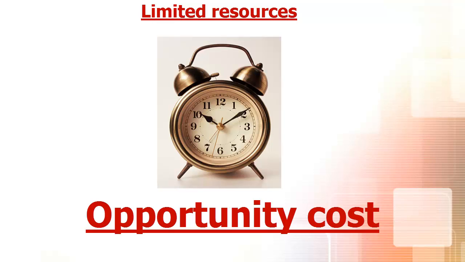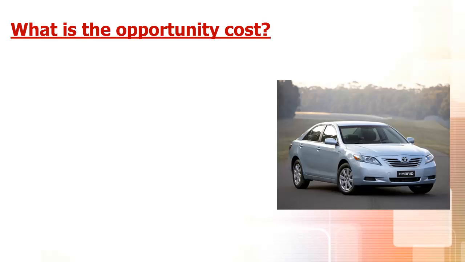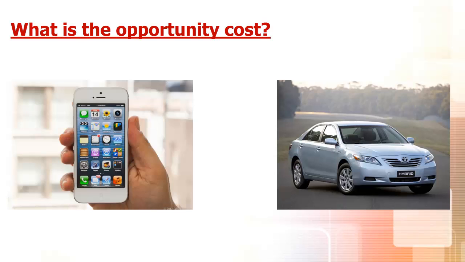And what would determine your choices? Opportunity cost does. So, when you value one activity over the other activity, you simply value this activity more than the other one. Now, what is the opportunity cost? For example, I could either buy a new car or I could buy a new iPhone.